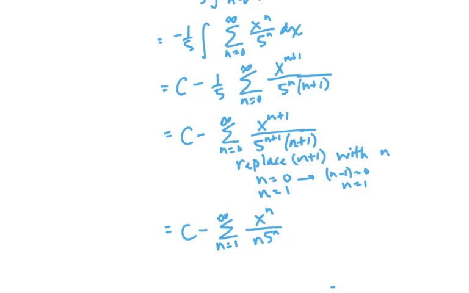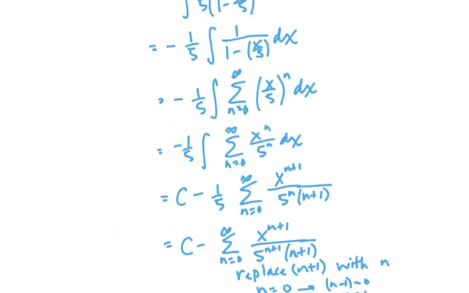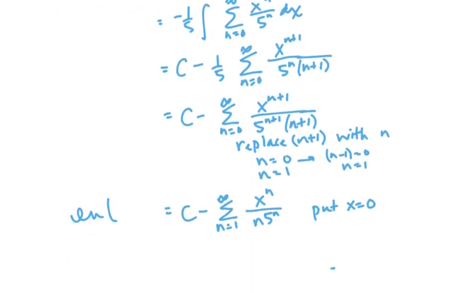So if we put in x equals 0, on this side we have the natural log of 5 minus x. If we put x equals 0, we get the natural log of 5 equals c minus, x is 0, so all of that is 0.